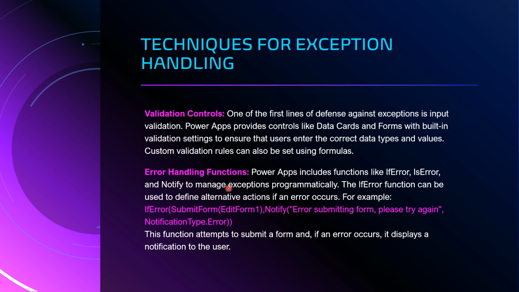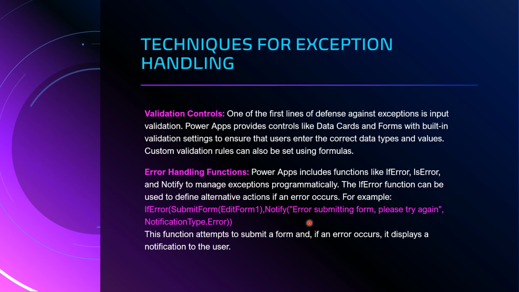Second one is the error handling function. Power Apps also provides multiple error handling functions that we can utilize. Power Apps includes functions like IsError, IfError, and Notify to manage exceptions programmatically. The IfError function can be used to define alternative actions if an error occurs.